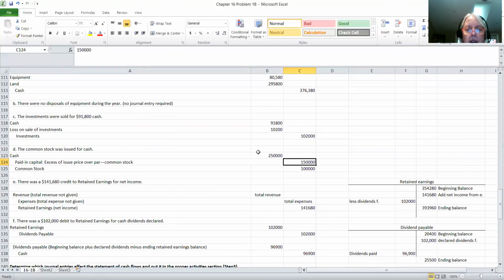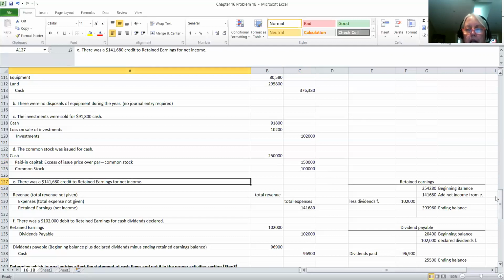The two of these together is the cash amount that you would have received from the sale of that stock. So always credit your stock account for the par value when you sell it. The difference between what you sold it for and the par value is the addition to the paid-in capital. There's an addition to the paid-in capital account.